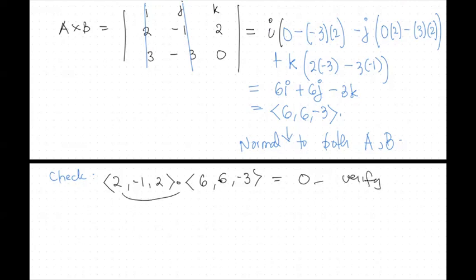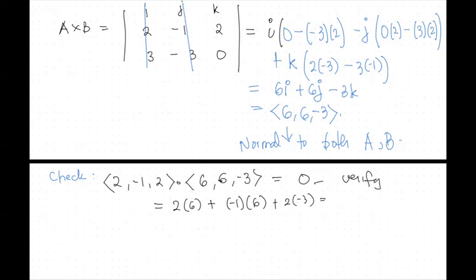And then of course this is just equal to 2 times 6 plus negative 1 times 6 plus 2 times negative 3.